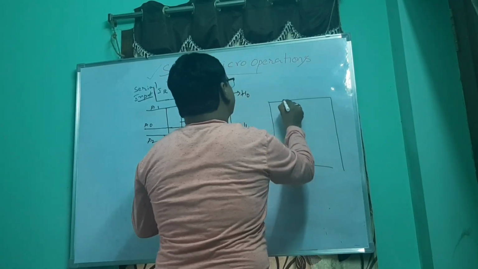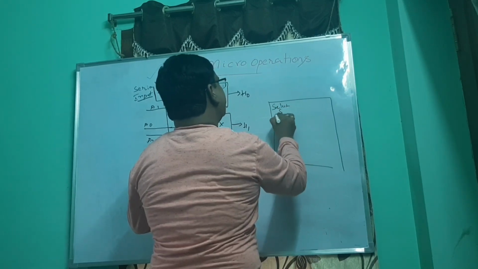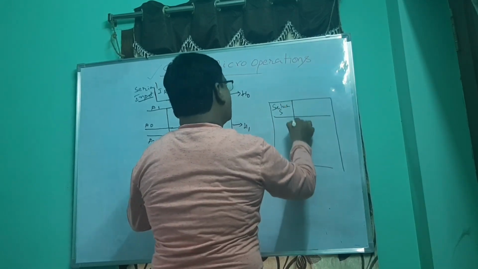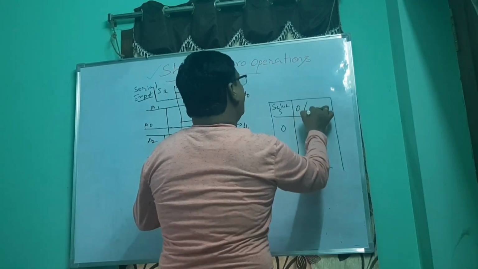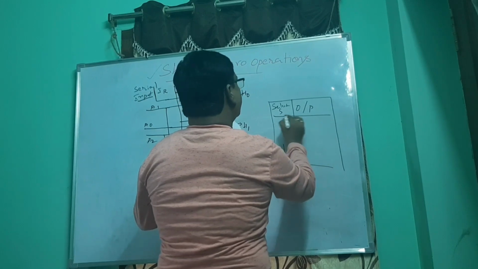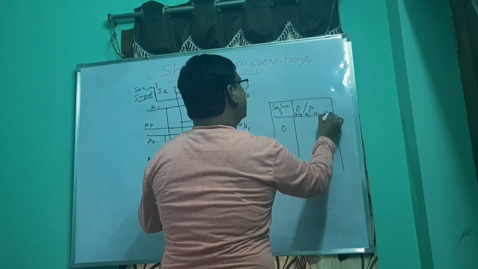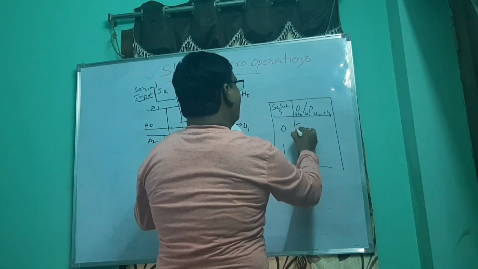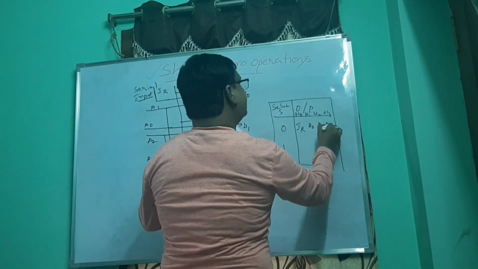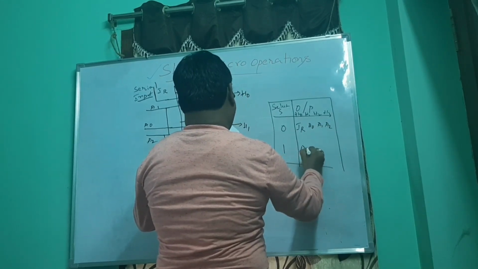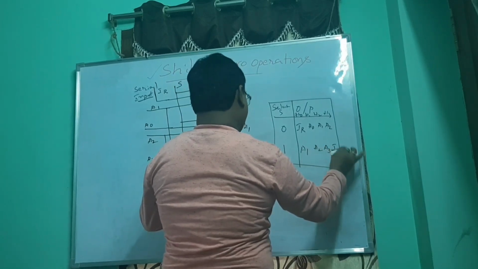Select line, either it may be 0 or it may be 1. So output will be H0, H1, H2 and H3. So IR, this is A0, A1, A2. This is A1, A2, A3, IN.